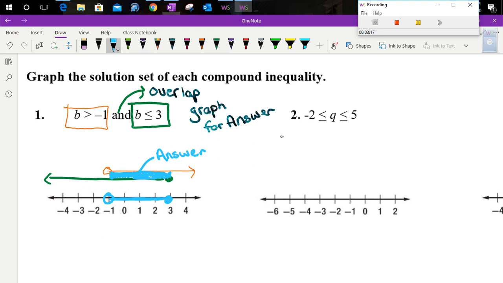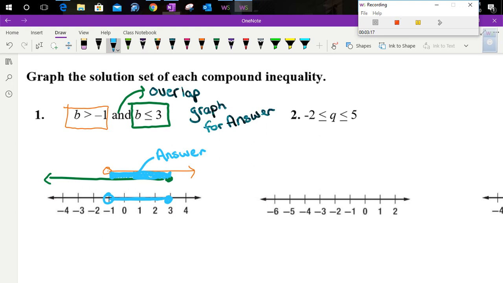In order for it to be a correct answer, it has to make both statements true. So all of these numbers in here would be greater than -1, but they would also, and, be less than 3. So greater than -1, less than 3.